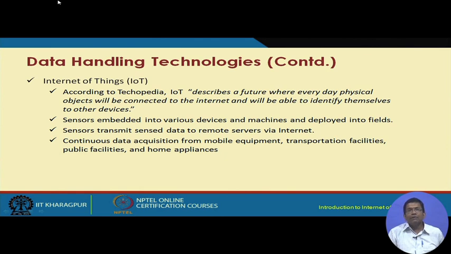Continuous data acquisition from mobile equipment, transportation facilities, public facilities and home appliances is an important characteristic of IoT, and the data that is generated in the IoT has to be handled accordingly.